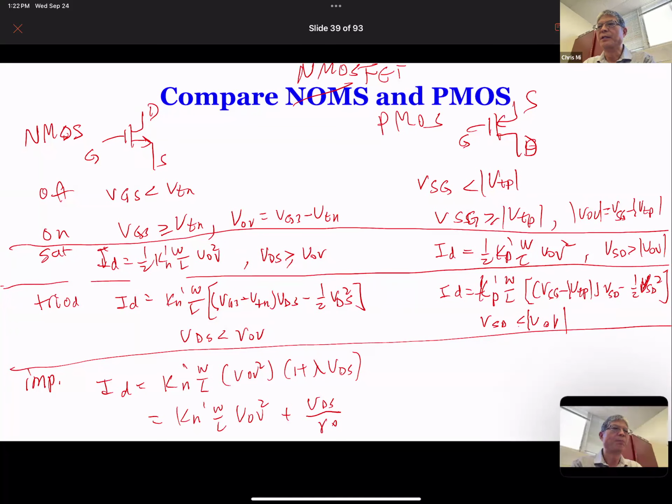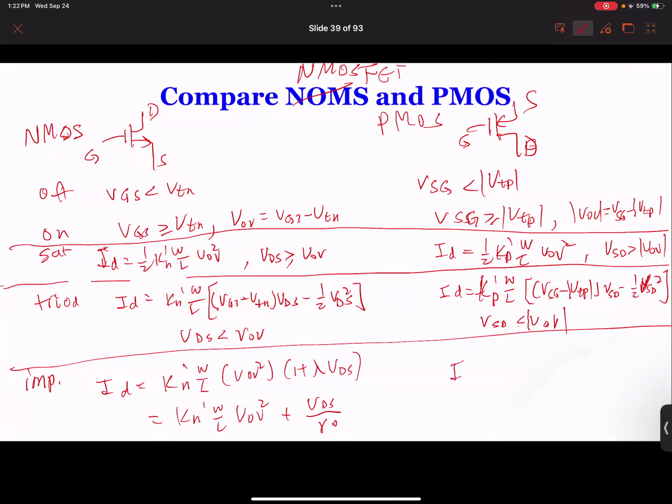And similarly, for the PMOS, you can write as well as Kp 1/2. Don't forget the 1/2. W over L VOV squared plus VSD over RO.